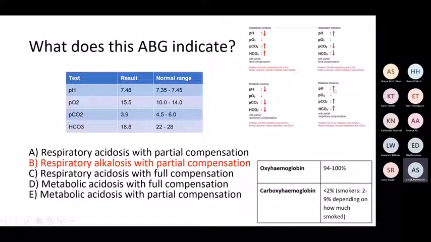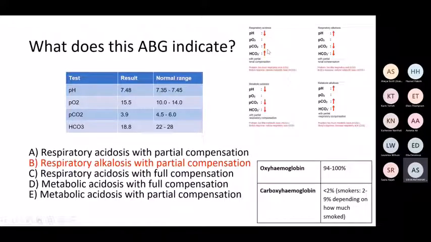And then if the pH is up and the bicarb is up, then it's metabolic alkalosis. Now, in terms of compensation, it's the other component which helps compensate for it. So in respiratory acidosis, you've got an acidotic CO2 concentration, which is high now.